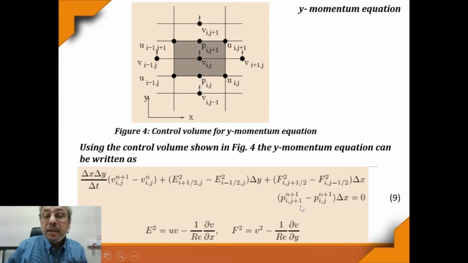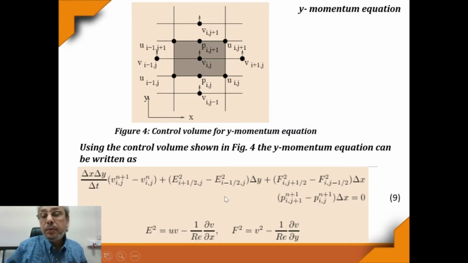So Pi j plus 1 minus Pij into delta x, with pressure at the level n plus 1. And we have already seen earlier the meaning of E2 and the meaning of F2. Now this equation 9 we have to express in terms of u, v and their derivatives.